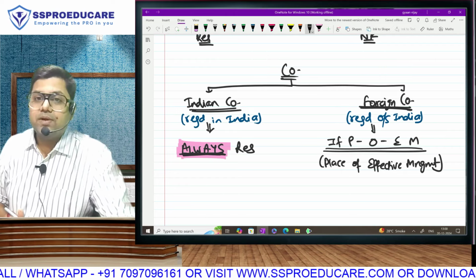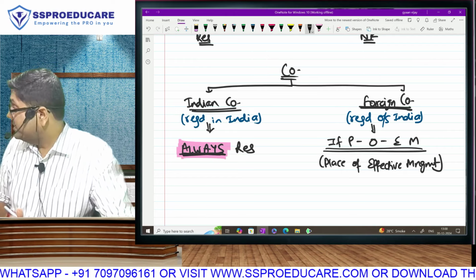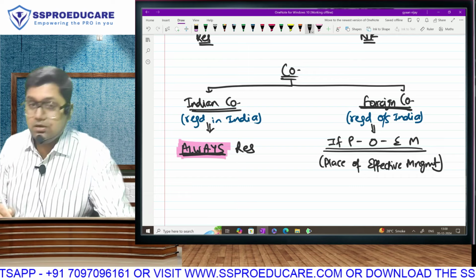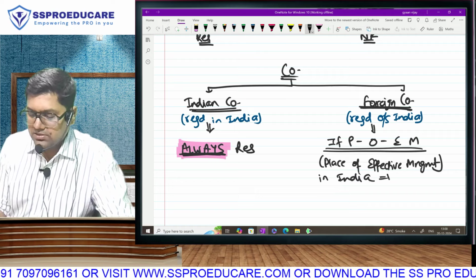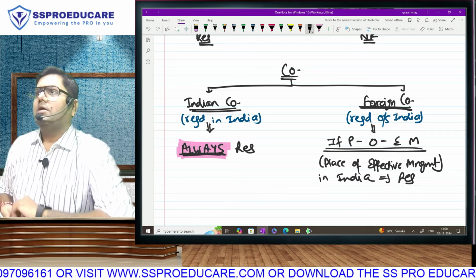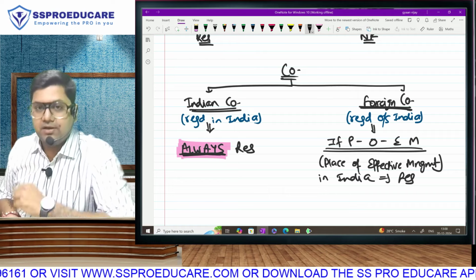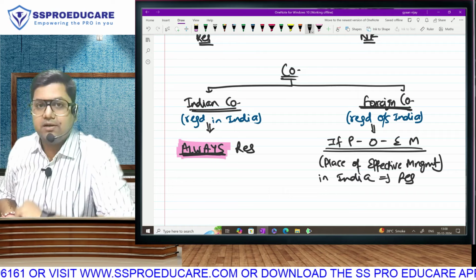If your place of effective management is in India, you will be considered as resident. If your place of effective management is in India, you are going to be considered as resident.